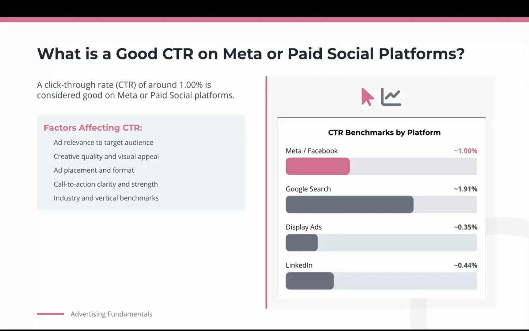They're going there to engage with family, friends, laugh at videos, share videos, write posts. A lot of them just go there for entertainment, right? So 1% is actually pretty good for Facebook.